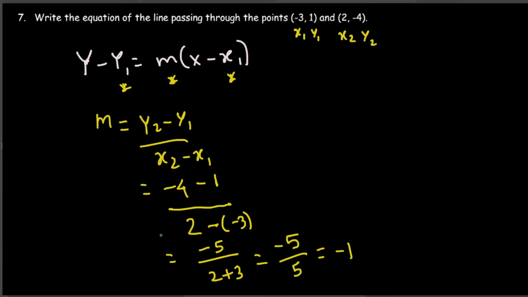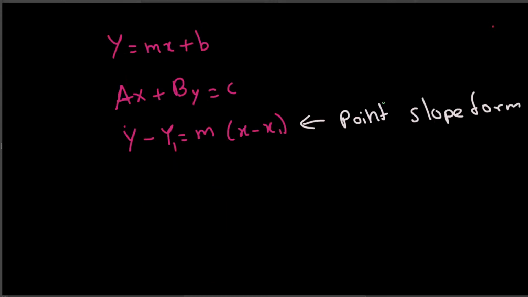Now we know the slope, we can go ahead and plug it into this equation. So m is equal to negative 1, that's what we found from this equation. Now we can plug it into the point slope form.